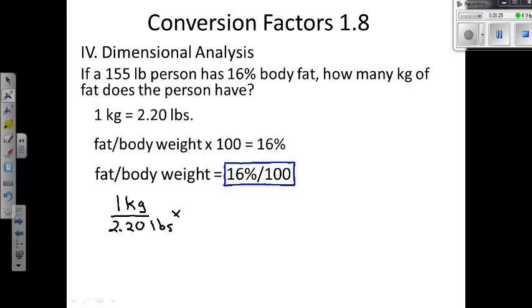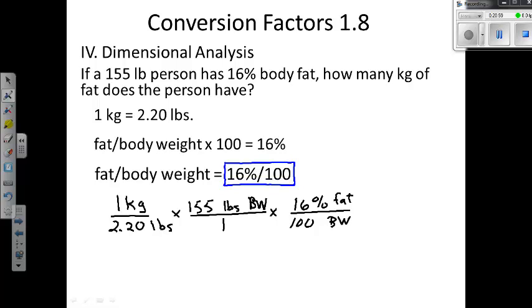Then I know I can set it up so my answer is in kilogram. And 2.2 pounds, and then 155 is pounds body weight. I can put BW there maybe, body weight. All right, so now the pounds are going to cancel out, and I have 16% of fat, which I want, right? I want kilogram fat per 100 body weight.